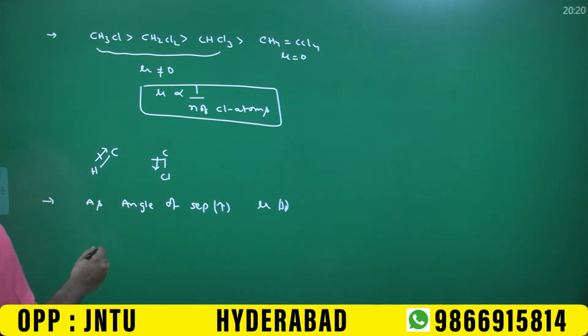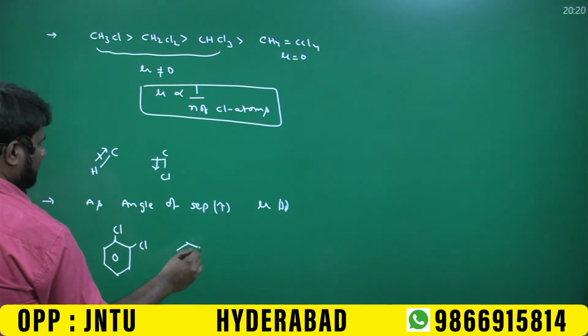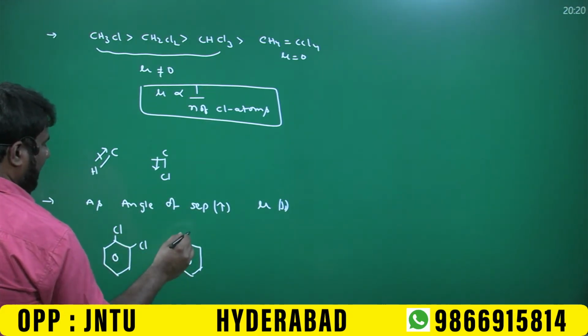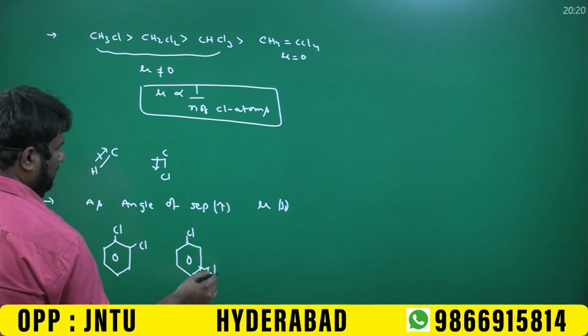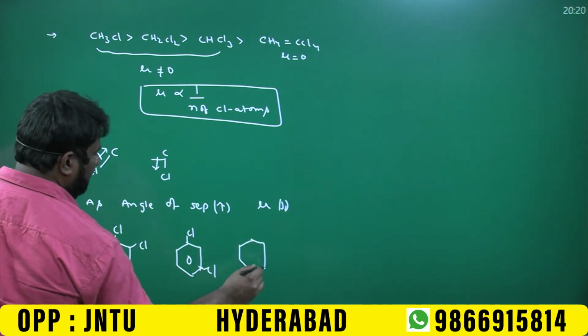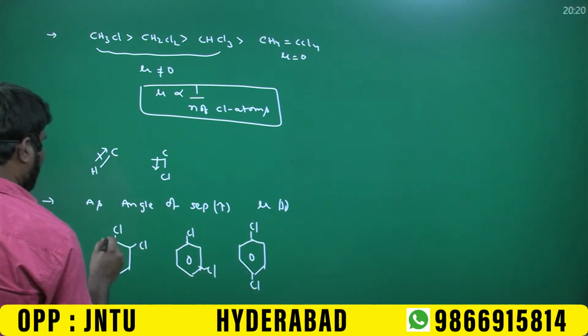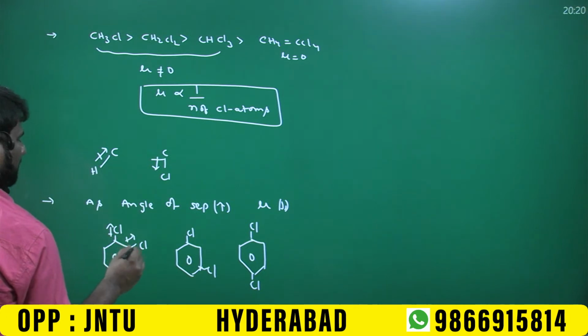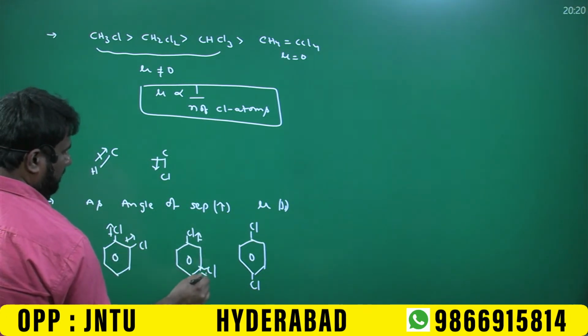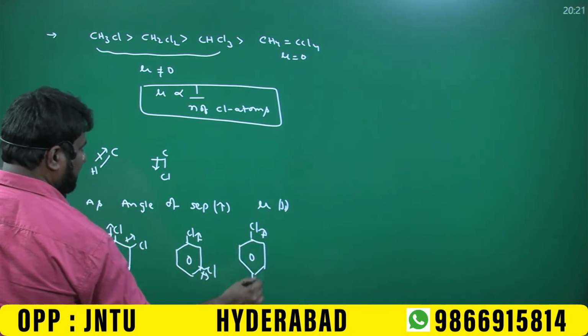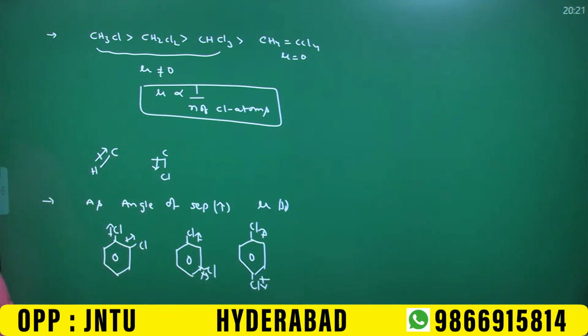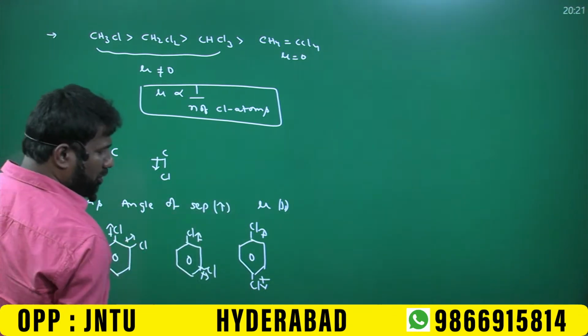Look, this is ortho dichlorobenzene, meta dichlorobenzene, this is para dichlorobenzene. Okay, the vector quantities are like this. So which has more dipole moment? Right, as angle of separation increases, dipole moment decreases.